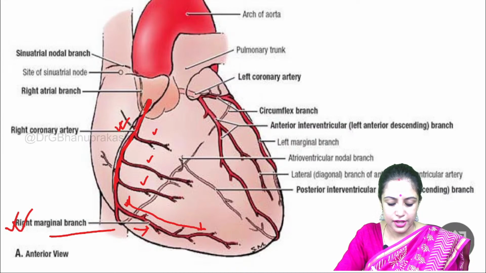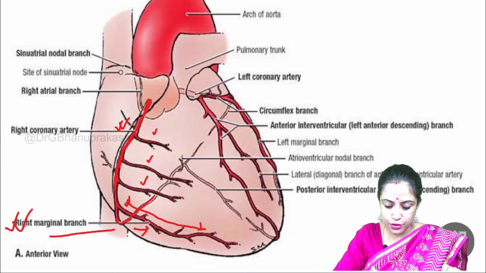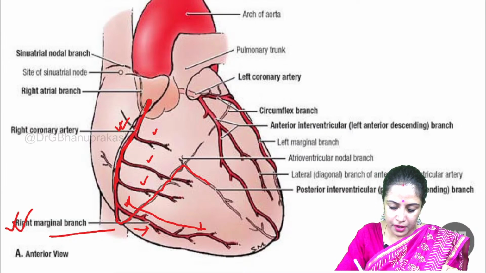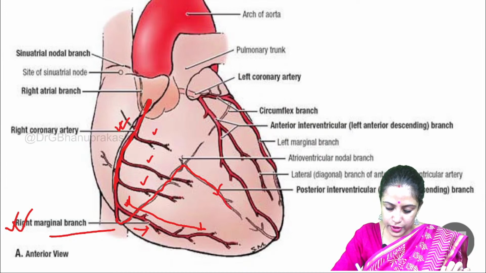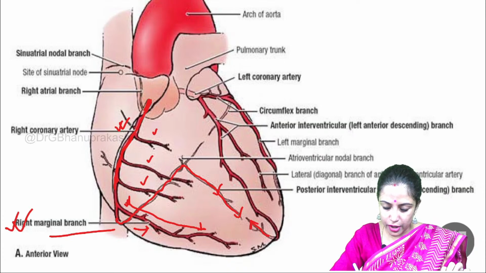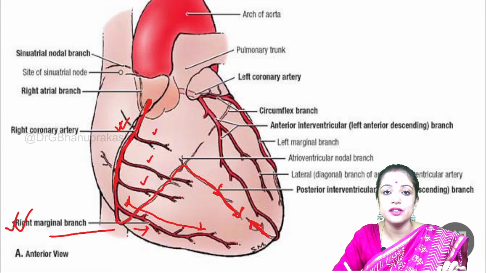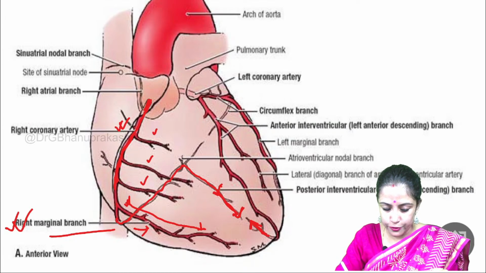The right coronary artery winds posteriorly and continues into the posterior atrioventricular groove like this. Then it descends into the posterior interventricular groove to anastomose with the branch of the left coronary artery. This is the branch of the left coronary artery. The right coronary artery ends here, just near the apex in the posterior interventricular groove.